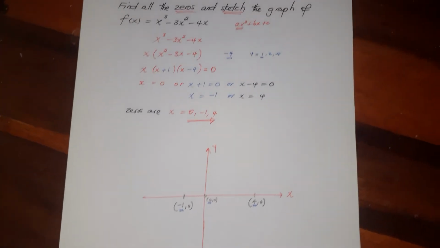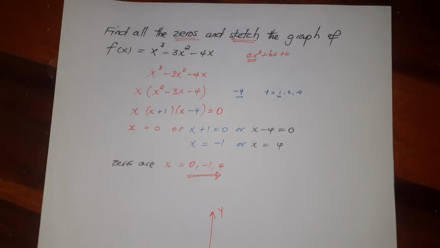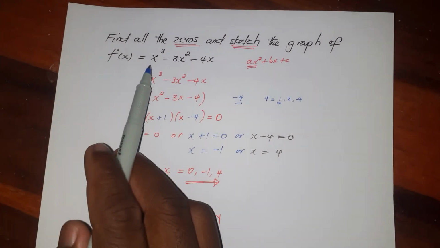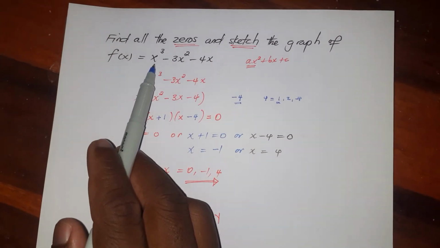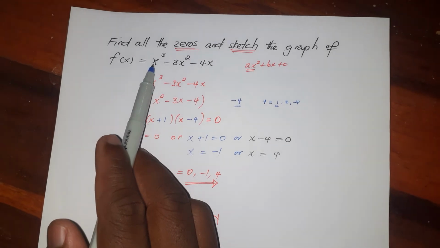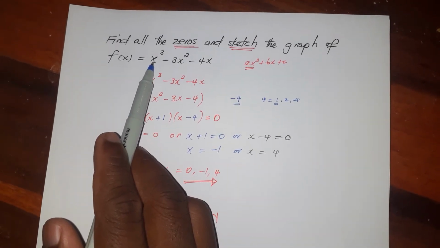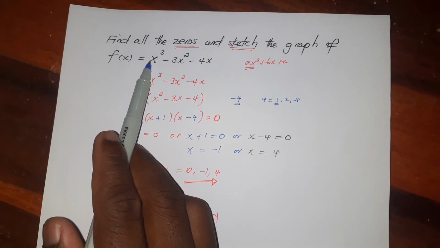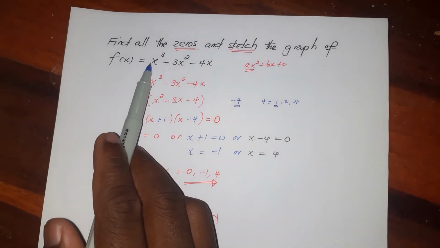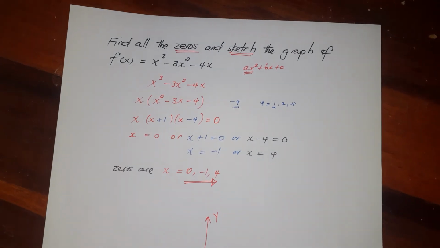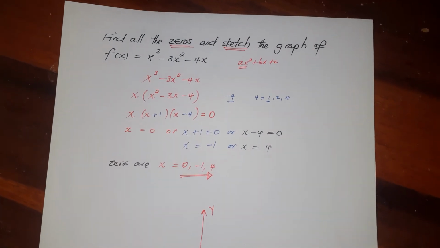Now let's come back where we started. Look at our polynomial. The first term, the value in front there, we know it's 1, and it's positive. It's not negative, it's positive.